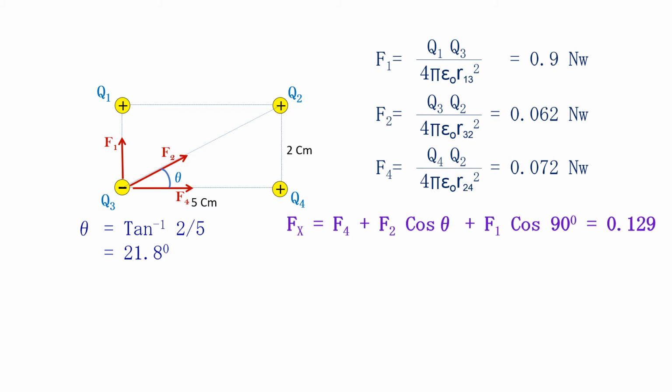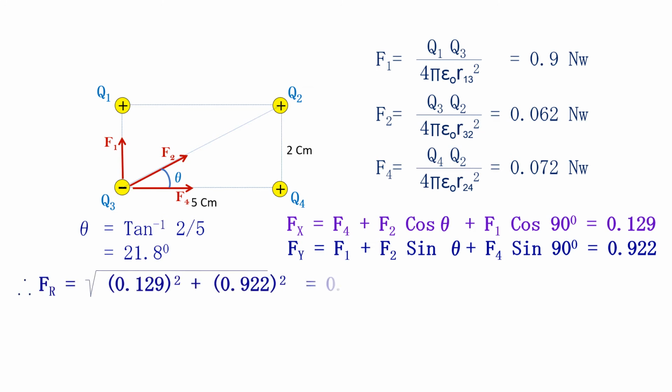The x component of these three forces will be F4 plus F2 cos theta plus F1 cos 90 degrees. It will come as 0.129. The y component: F1 is in the y direction, F2 sin theta is the vertical component, F4 sin 90 is the vertical component of F4. You will get it as 0.922.